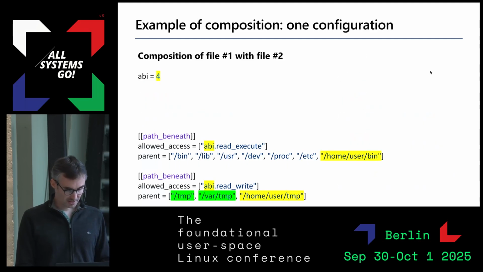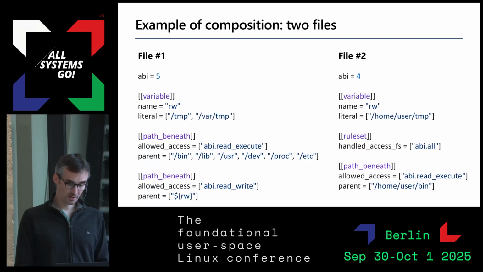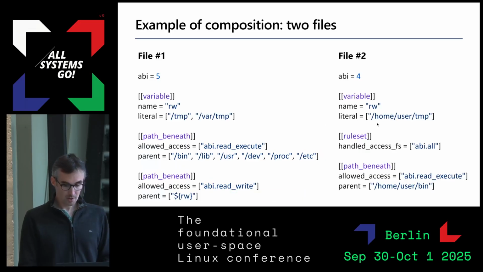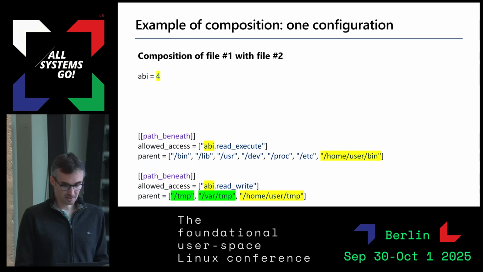We get ABI 4 because that's the common lowest known and well-tested ABI. So we support up to these access rights, which are defined here, ABI v4 all. Then we merge all the variables and everything together. So that's merging files, but it's a bit more complex than just concatenating everything.